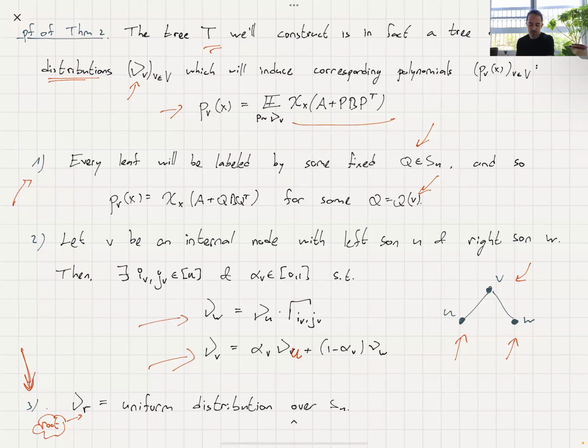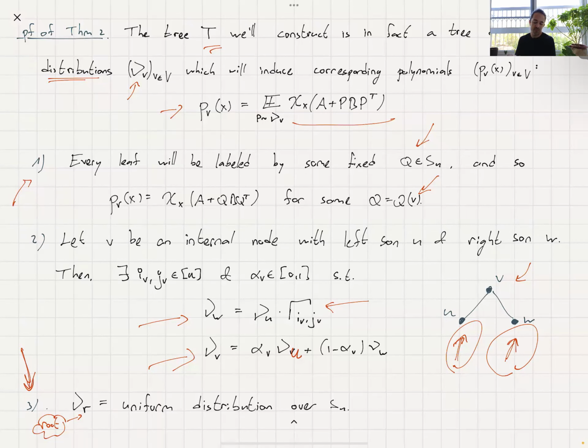And the relation between the two distributions of these two siblings, regardless of the parent, is that, whatever the distribution of U is, in order to sample from W, you just sample from U, right? So you get a permutation, and then you multiply it by some swap, gamma, right?